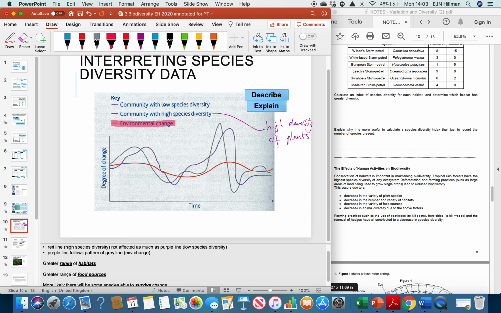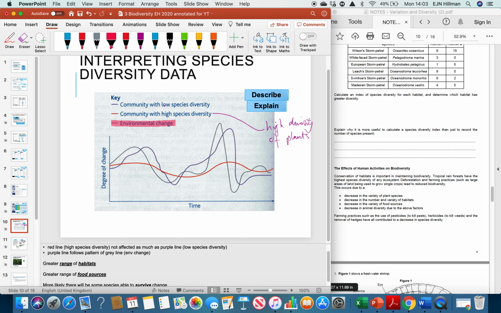Now, if you remove different species of plant, you remove the habitats for those insects. So you've removed the producers, the plants, then you remove the insects, the primary consumers, those herbivorous insects. Well, that means there is less food available for perhaps a secondary consumer, maybe a bird or a carnivorous insect like a ladybird.